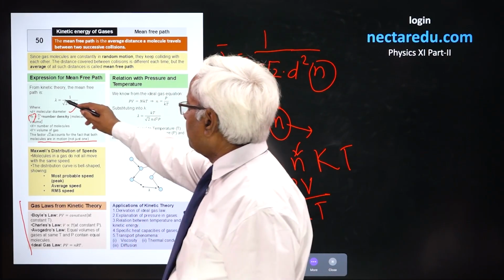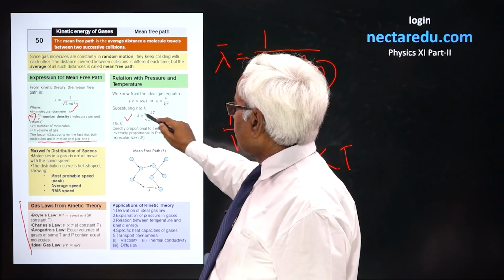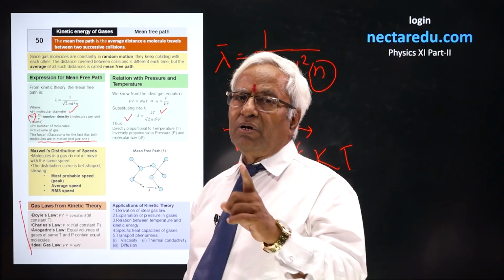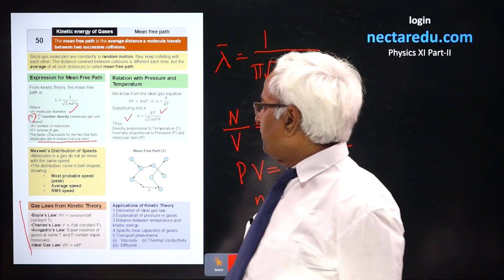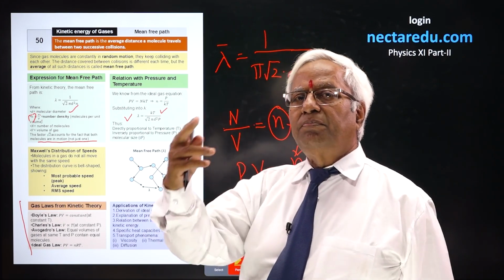If you substitute that in this relation, you find this important result that mean free path will always increase with the increase in temperature. Mean free path will always decrease with the increase in pressure.